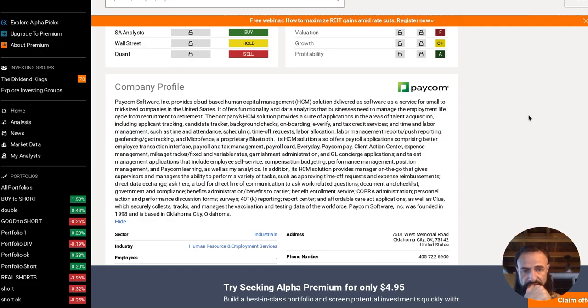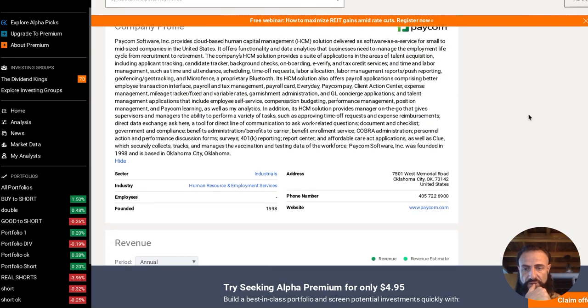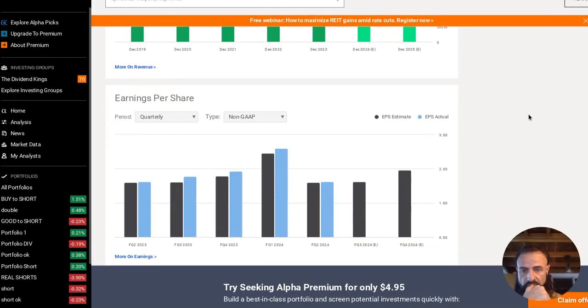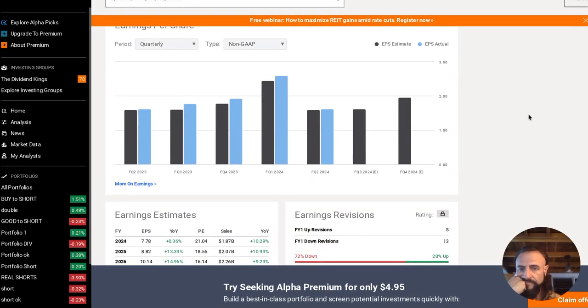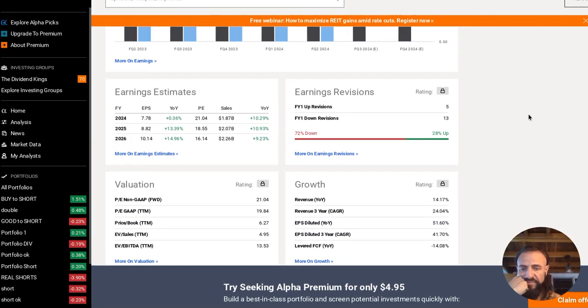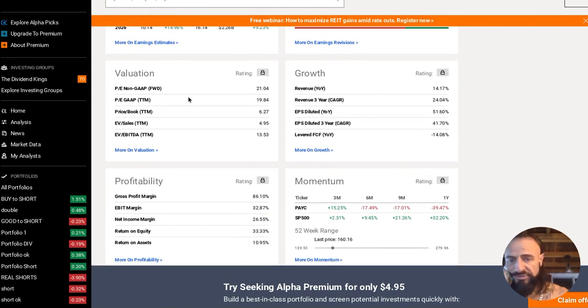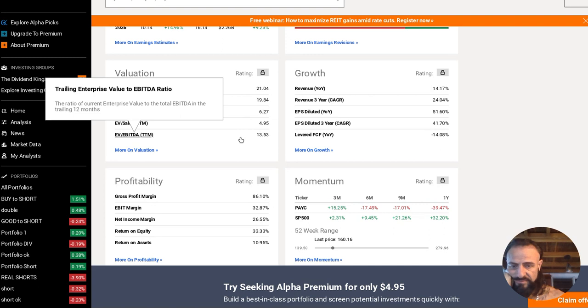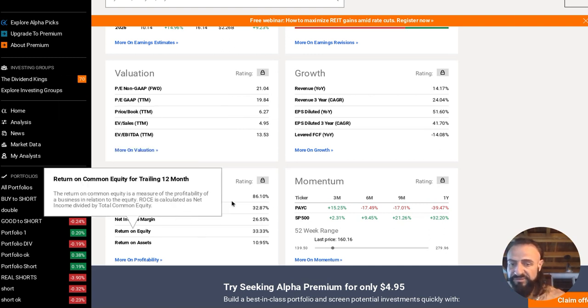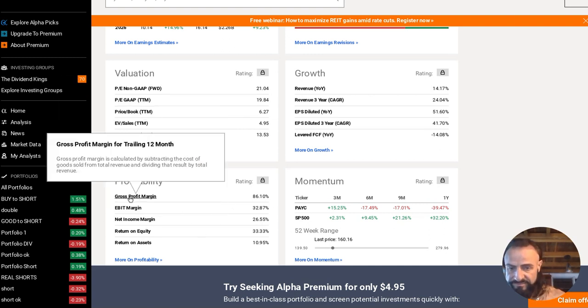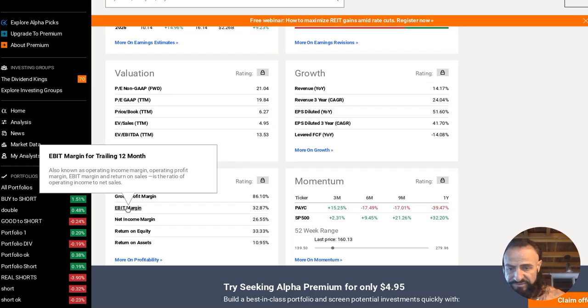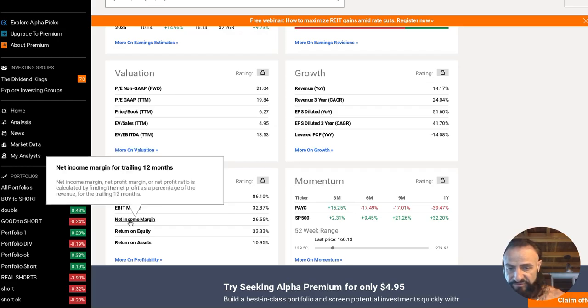Based out of Oklahoma, which is good. The revenue, the EPS, PE ratio, price to book, gross profit margin about 90%, EBITDA about 33%, net income 27% nearly.